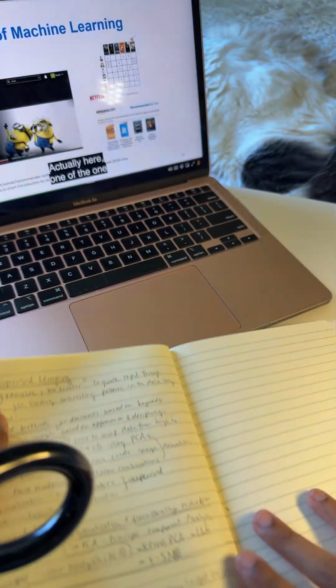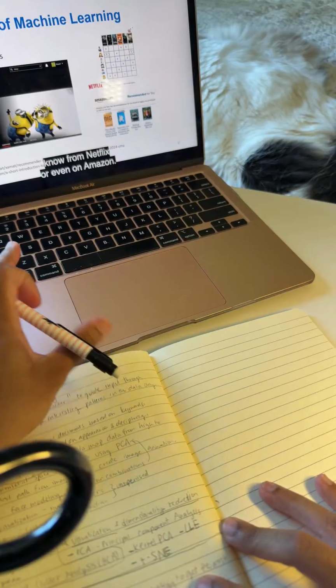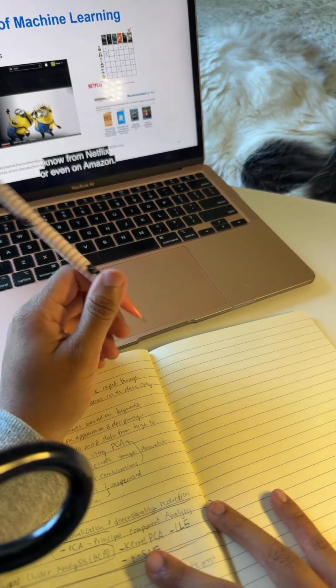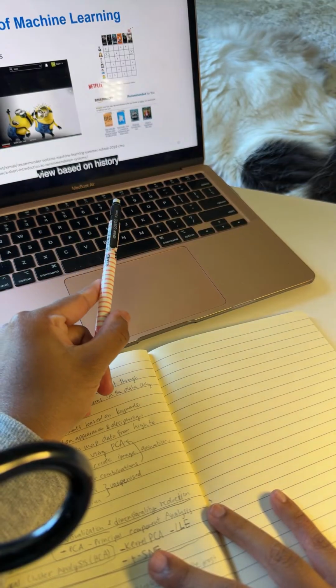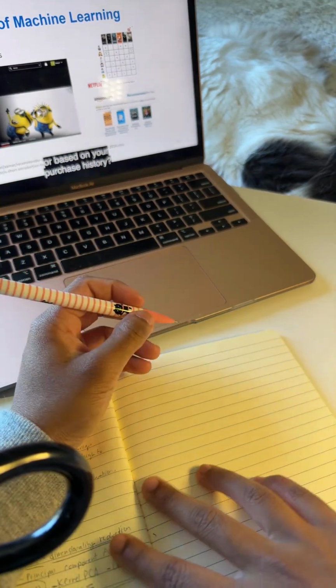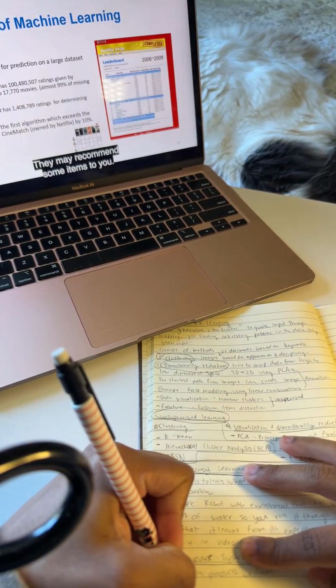One of the well-known recommender systems you may know is from Netflix or even Amazon. When you view some items, based on your history or purchase history, they may recommend some items to you.